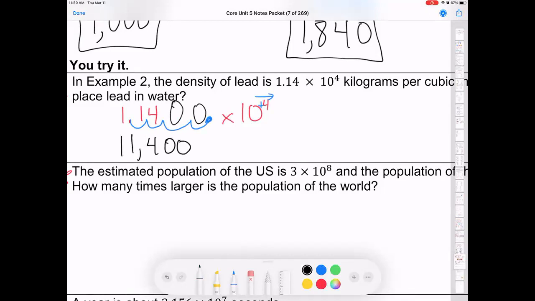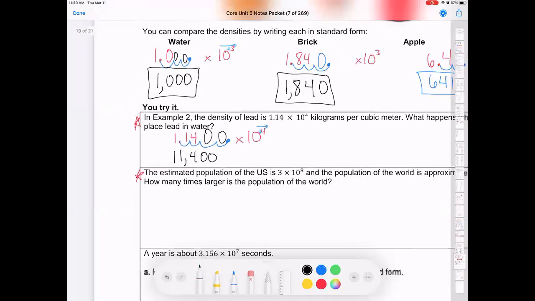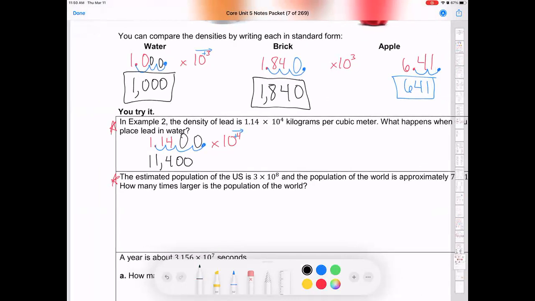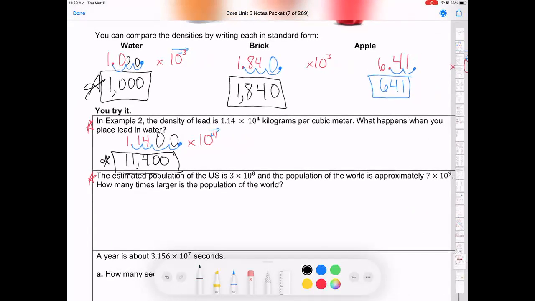Now, what does that actually mean? Well, we can use our 2 standard form values, one from the water and one from the lead that's placed inside the water, and then compare the 2. Notice how the lead one is actually bigger, right? 11,400 is a much bigger number than 1,000.